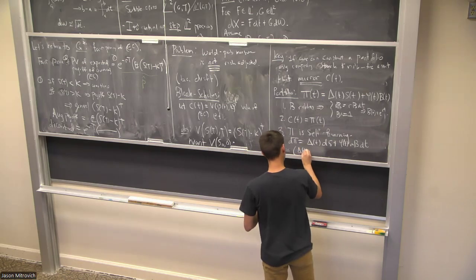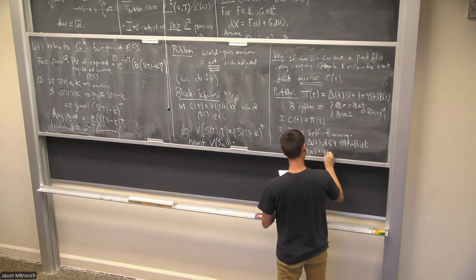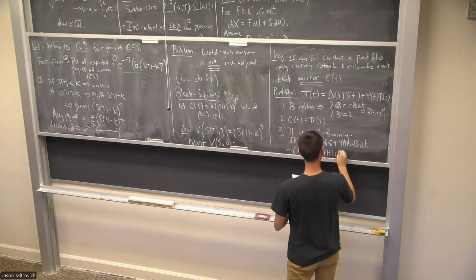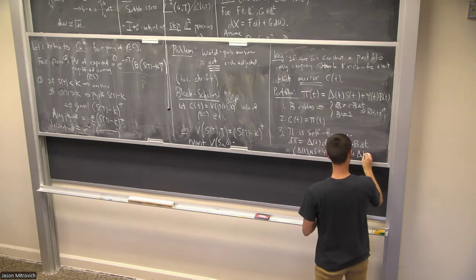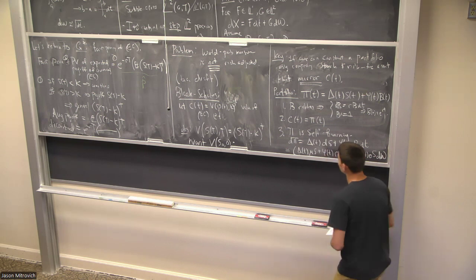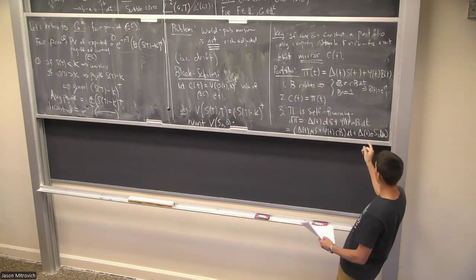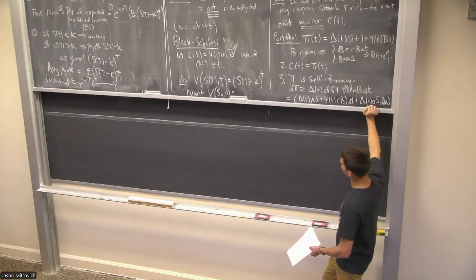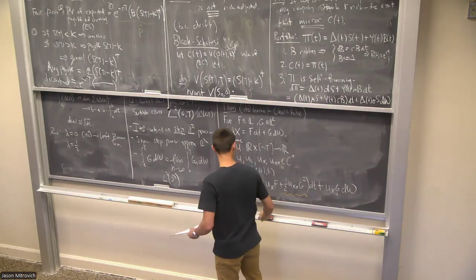We get delta t mu S plus phi of t r B dt plus delta t sigma S dW. So we have our portfolio. It satisfies that SDE, and we're claiming again that they're equal to the cost one.